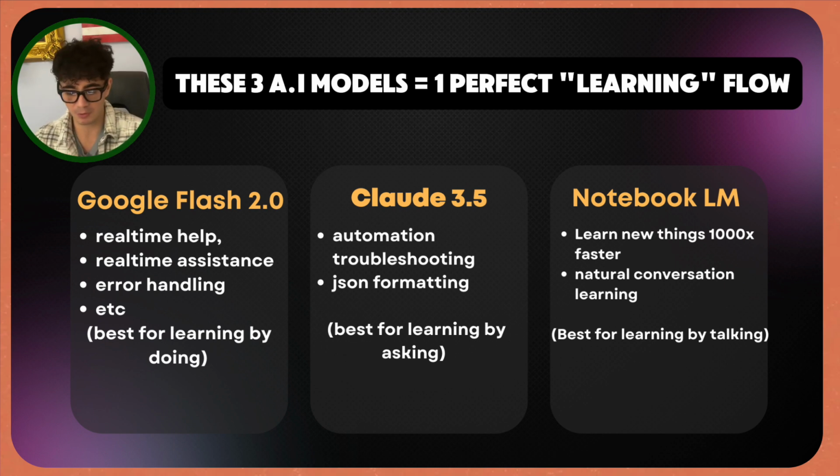And what I'm most excited for, guys, is notebookLM, because what notebookLM does that the other 2 don't do is that it basically allows you to conversate with an AI model that is trained on all of the information that you send it, and you're able to conversate with it the way that you're talking to a professor. And so this, hands down, is the best formula to learn anything from scratch.